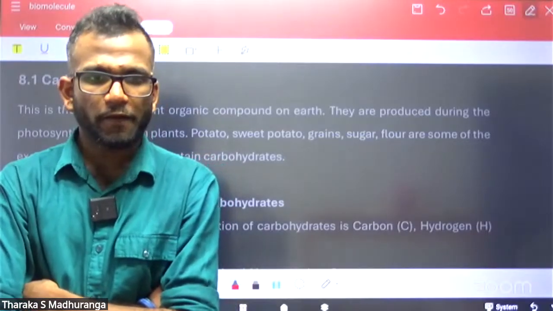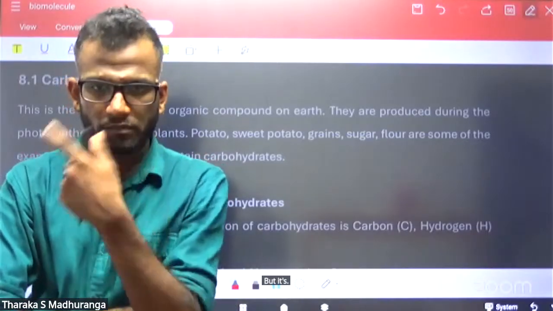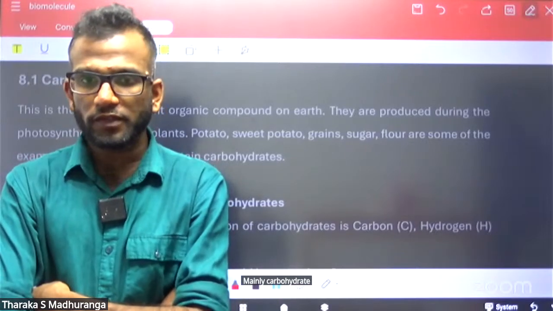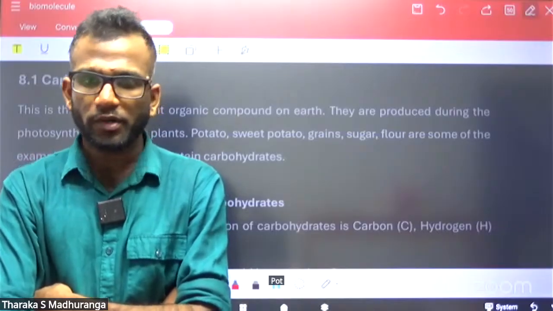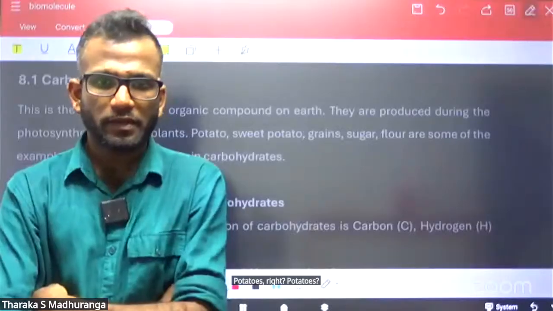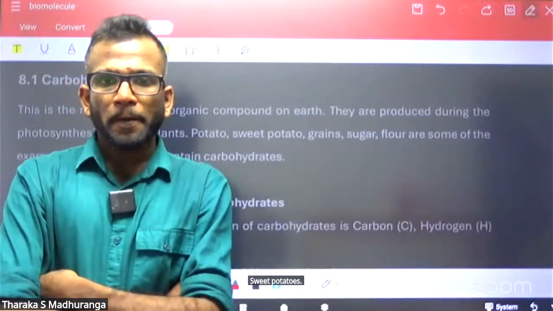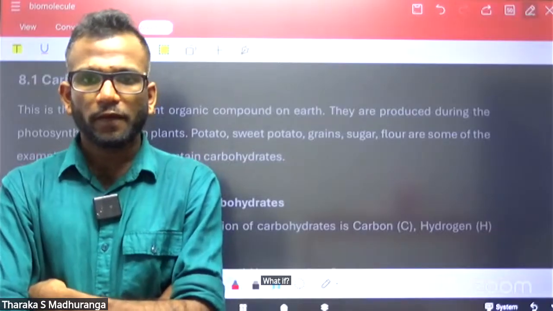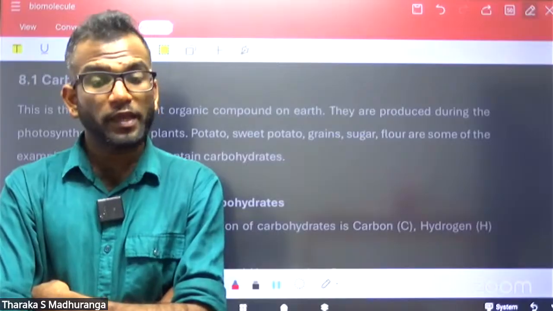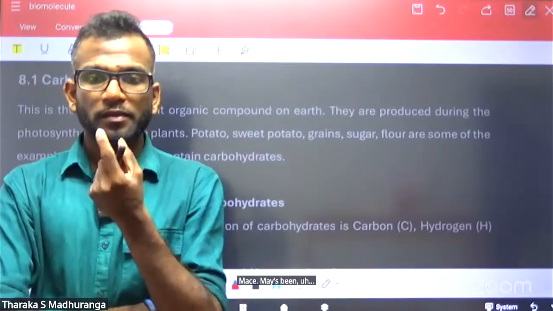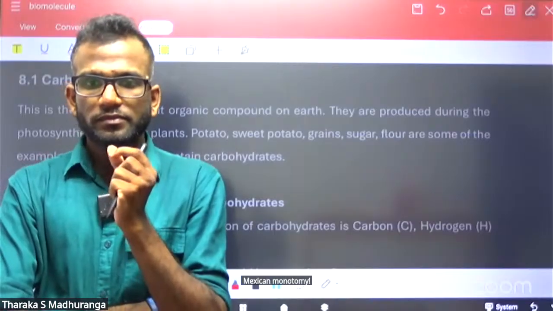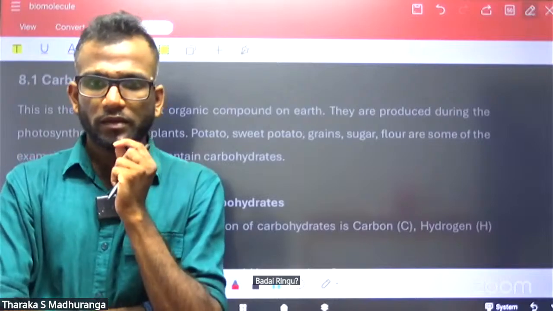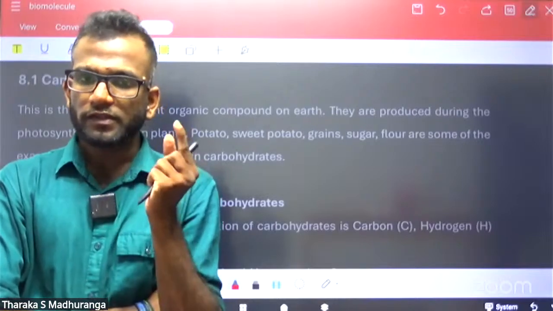What else? Mainly carbohydrate source foods: potatoes, sweet potatoes. What else? Maize, what is maize called? Corn. What else?